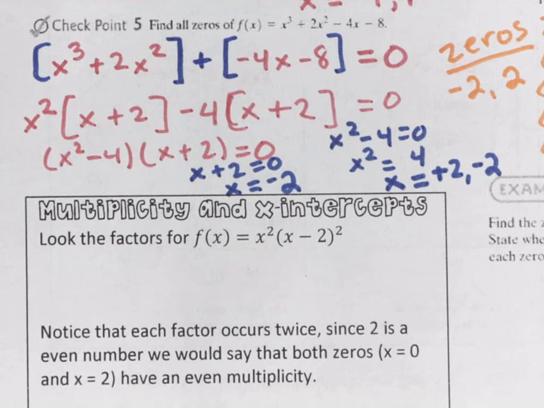All right, so that would tell me, okay, then I look at my zeros, negative 2 and 2. That's it, right? Now, what's going to happen here is this.